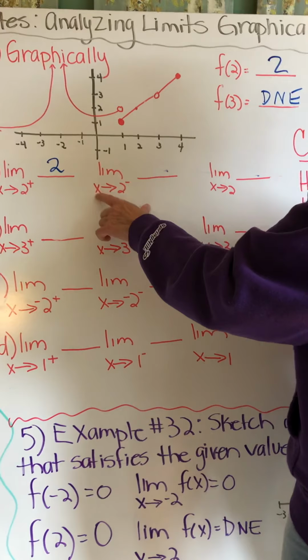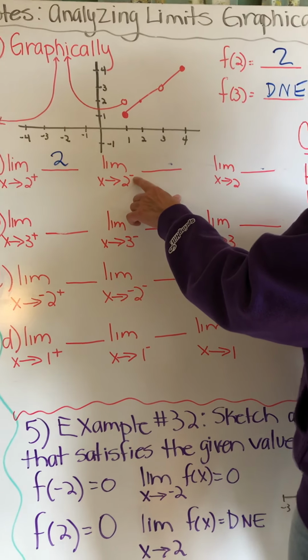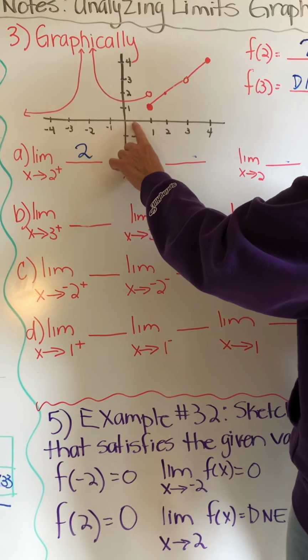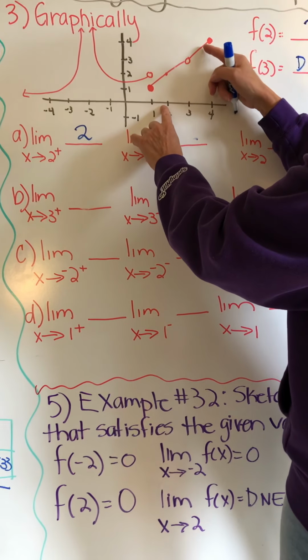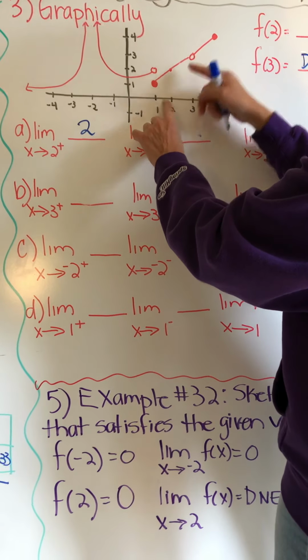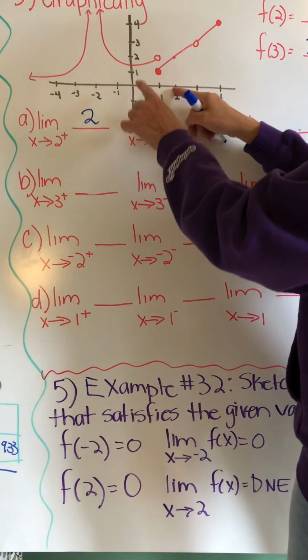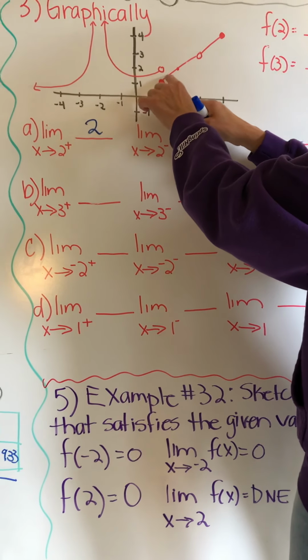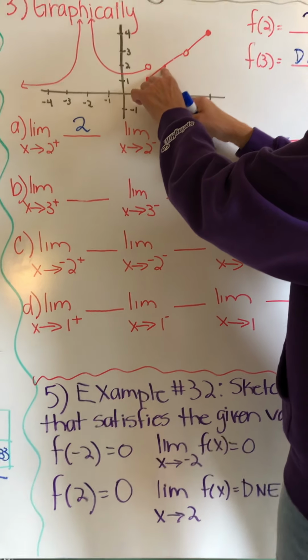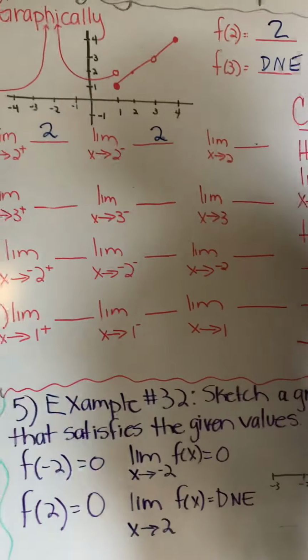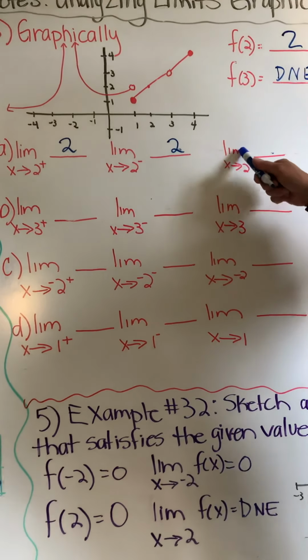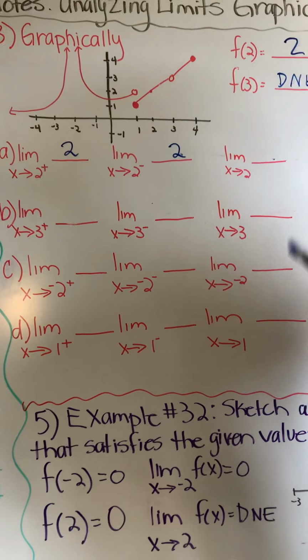Let's find the limit as x approaches 2 from the left. So as I approach 2 from the left, with my finger, I'm just going to follow along on the function and see what y value it's approaching. So as I approach 2 from the left, I'm traveling along the function on the left, and I see a y value of 2. So how do I evaluate the limit as x approaches 2?